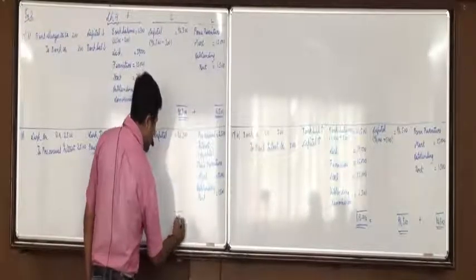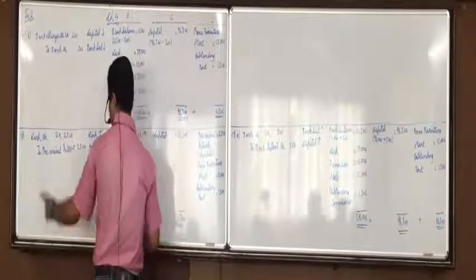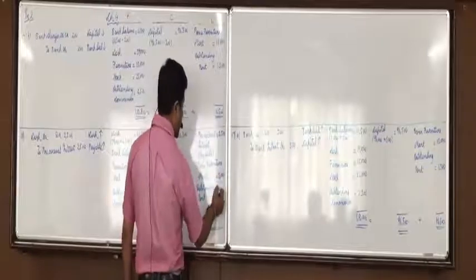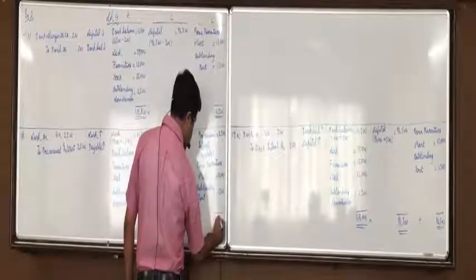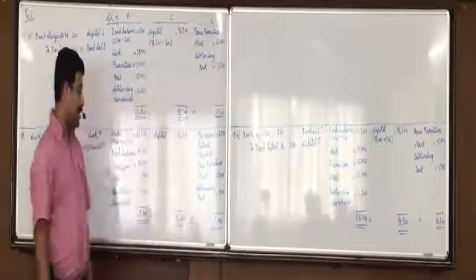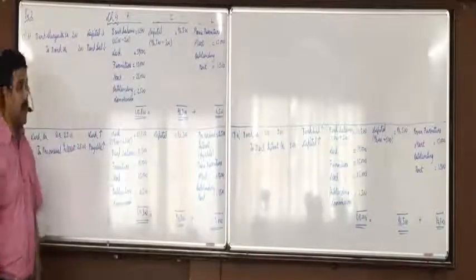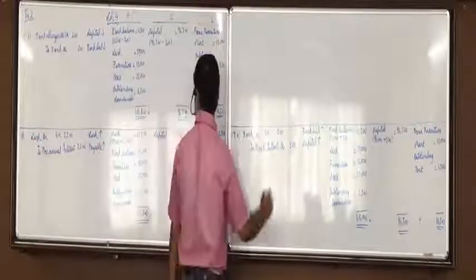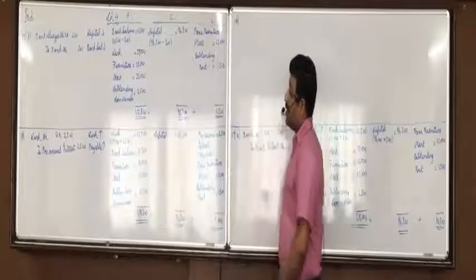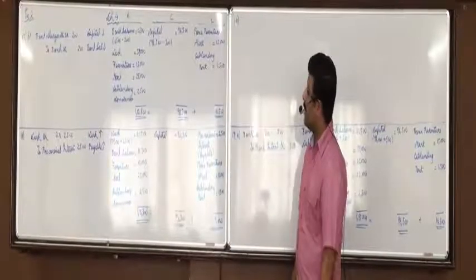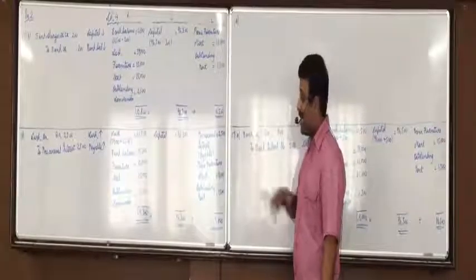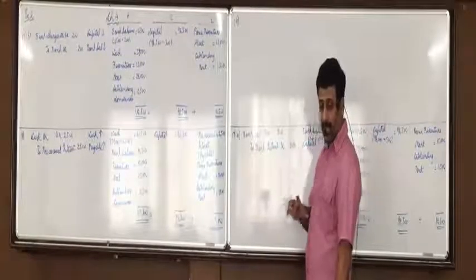So 96,300 with outside liabilities, let me finish this now. And 15, 16, 18, 19,000. Does it match or not? 96,300 plus 19,000 is equal to 1,15,300. This entry is important, the 18th is important, the 19th is important, because it is difficult to understand that pre-received interest is a payable. That's why it is important.